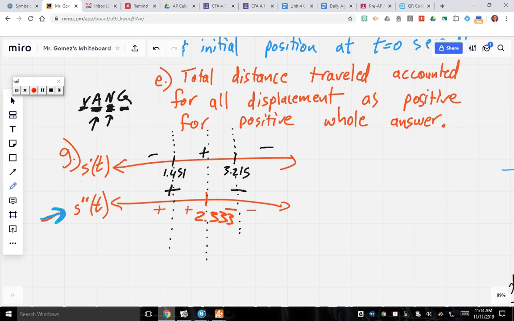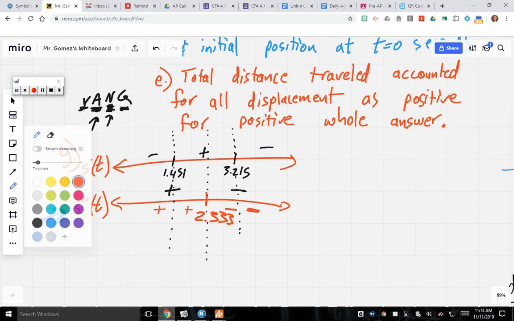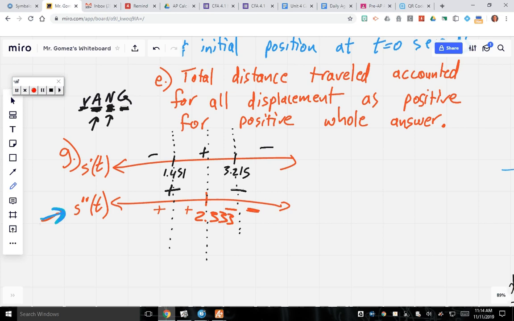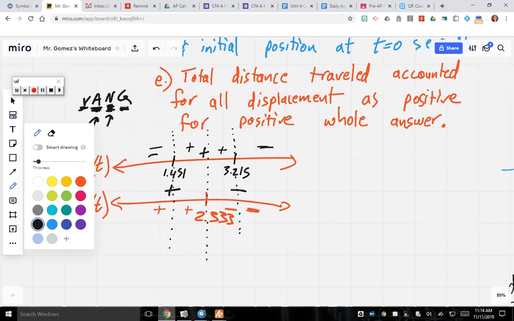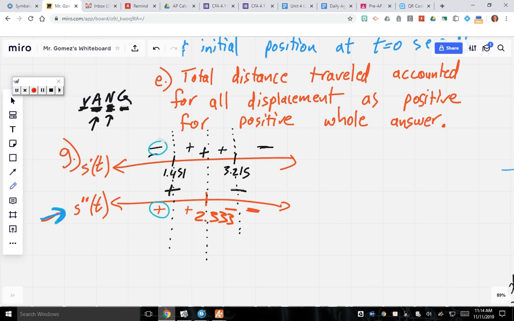This is negative, I'd say negative, negative. Ooh, that worked out. All right, and then the top one was positive in between. I would come over here and say these are positives, and then negative, negative. So whenever I'm looking at this, I'm stacking a positive and a negative, and then a positive and a negative. It's slowing down. Okay?